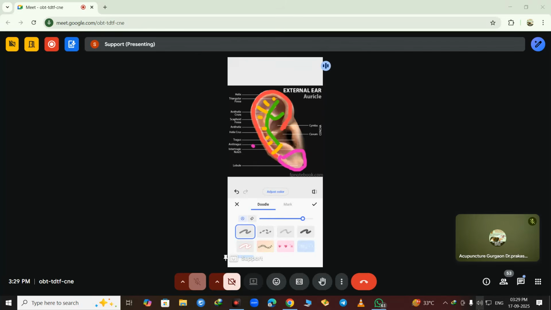This lobe is very important for the activation of brain.